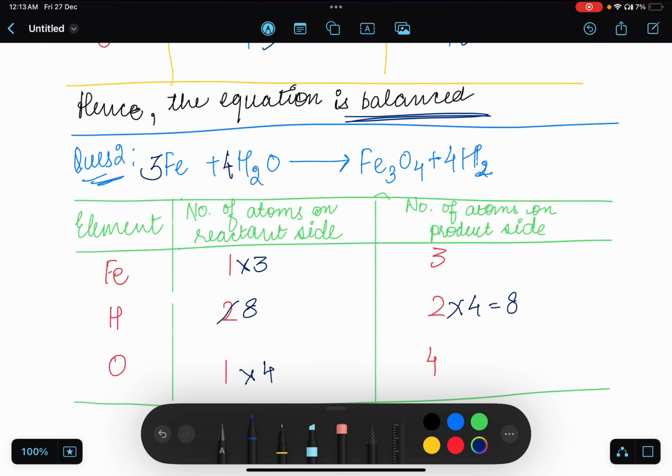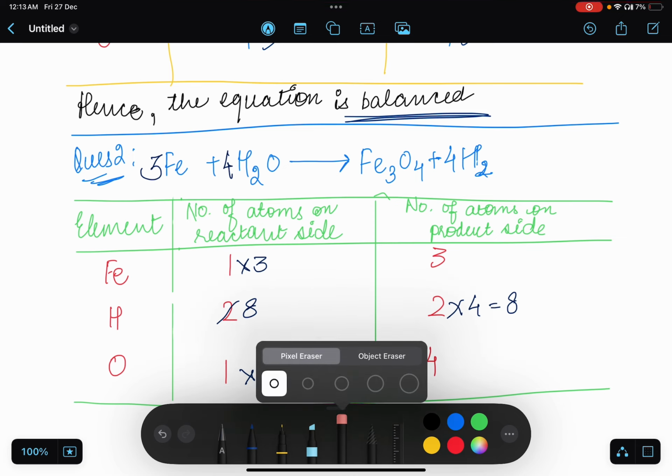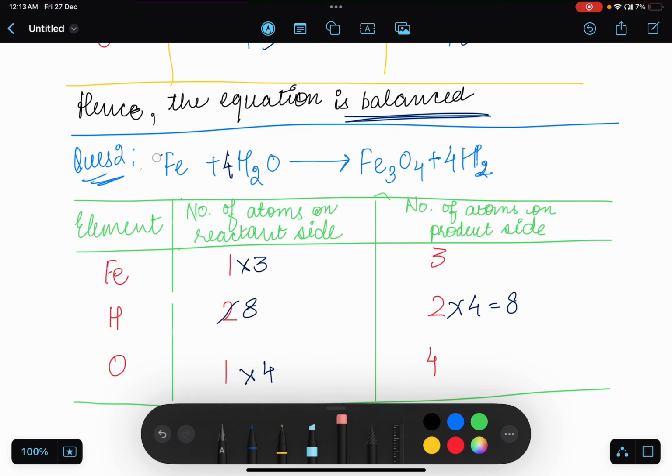Now let's discuss this equation. I'll show you how to balance, so it is easy to understand for you guys. Here is the equation: Fe plus H2O gives Fe3O4 plus H2.